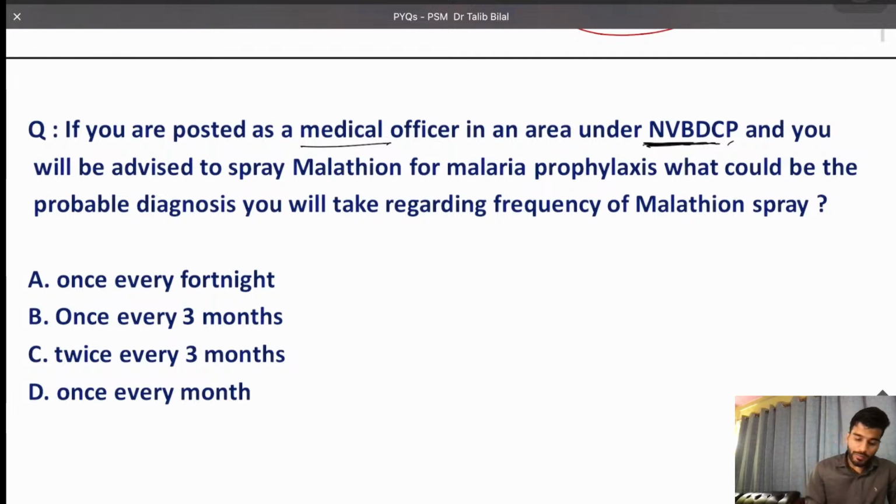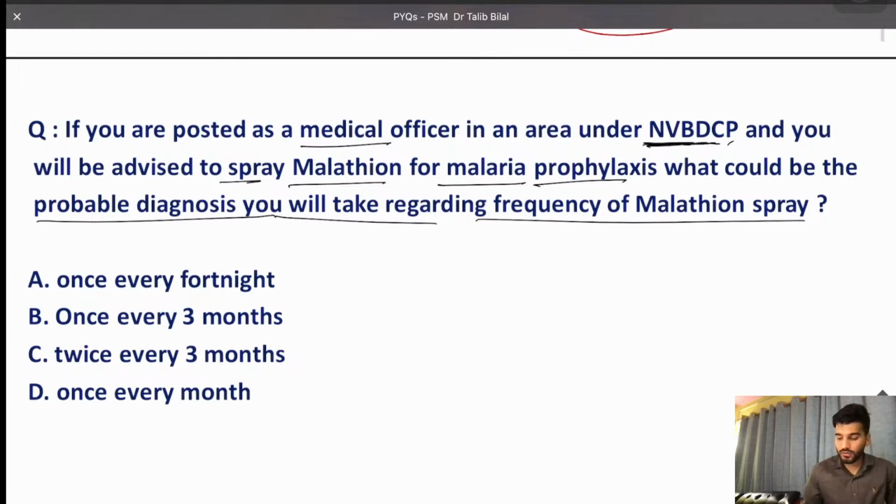You will be advised to spray malathion for malaria prophylaxis. I've told you already, guys, malaria also comes under this. What will be the frequency of the malathion spray? Once every fortnight, once every 15 days, once every 3 months, twice every 3 months, or once every month? What will be your answer, guys?